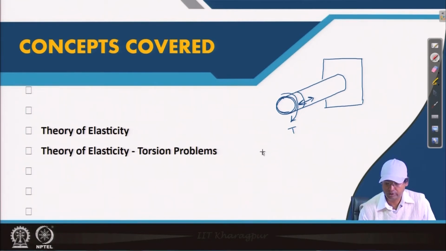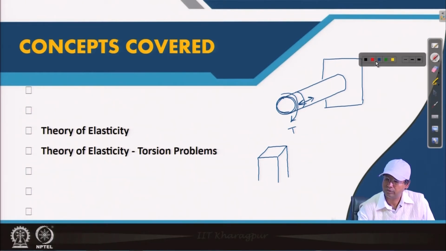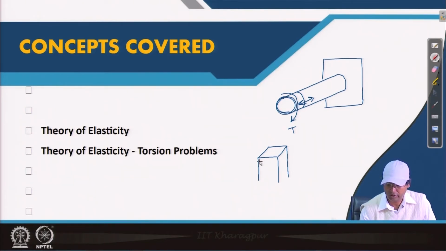For example, if we consider a rectangular bar, what will happen if we apply a torsion? This will deform like this.